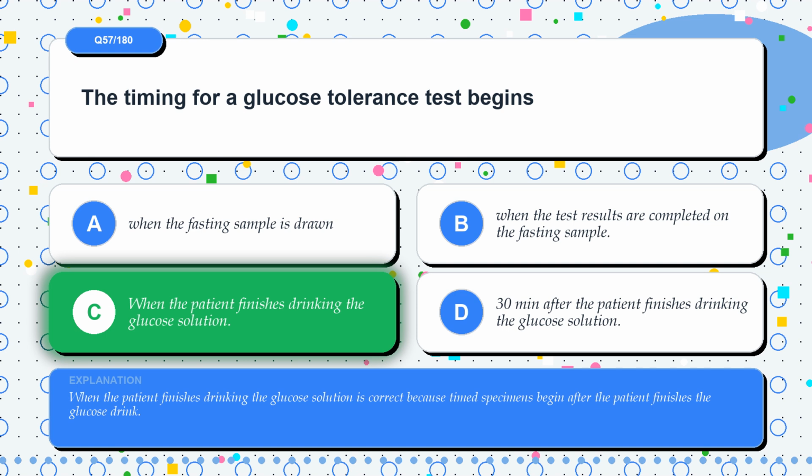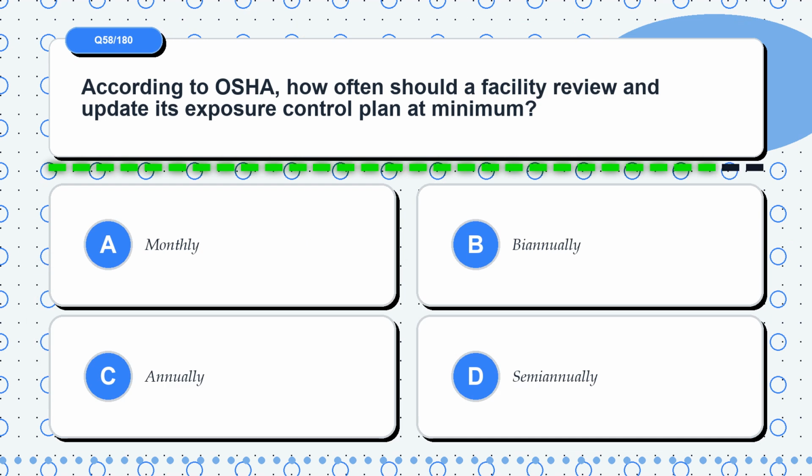Question 58. According to OSHA, how often should a facility review and update its exposure control plan at minimum? Here are the options. Option A, monthly. Option B, biannually. Option C, annually.